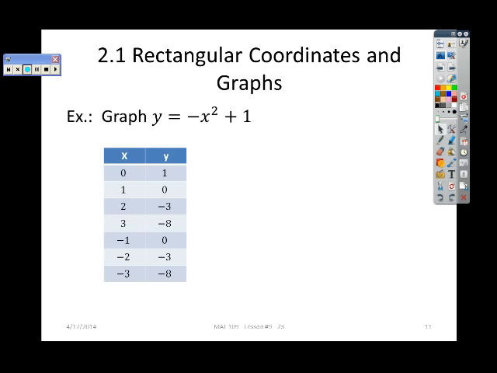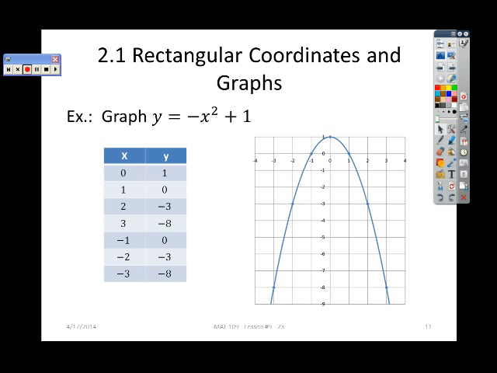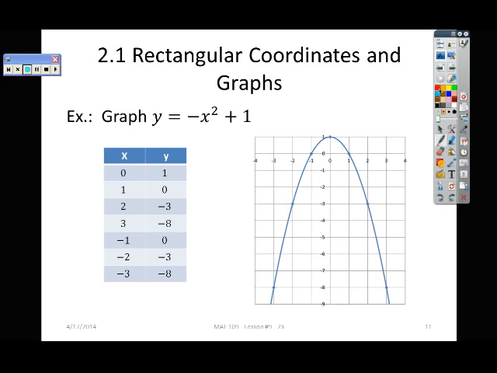Do 3 and then continue from there. So this one, if I do 0, 1, and 2, I get these 3 points.